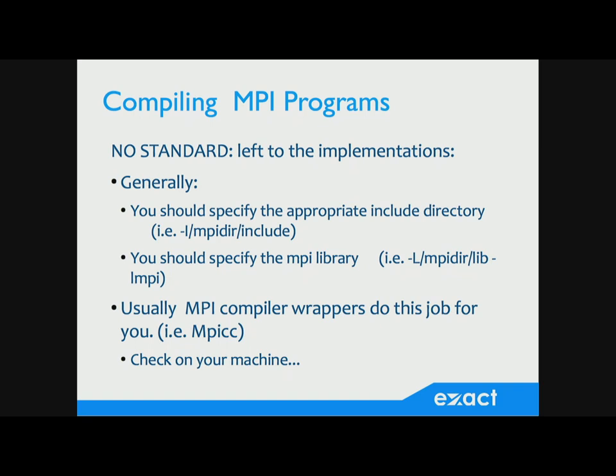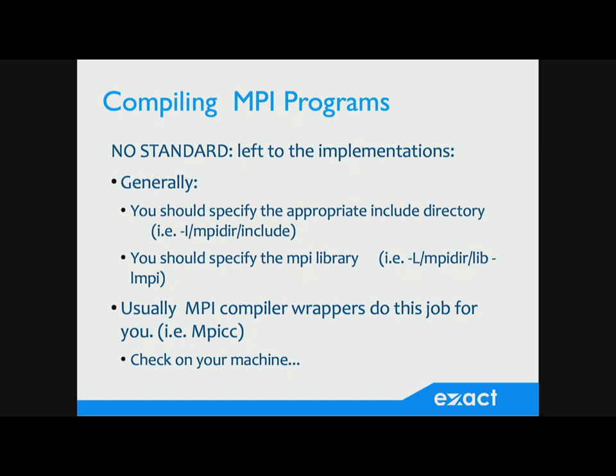All the implementations provide the so-called MPI compiler wrapper that automatically finds the include files and the include directories, and links against the right directory. Generally, this is called mpicc or mpicxx or mpi-something.